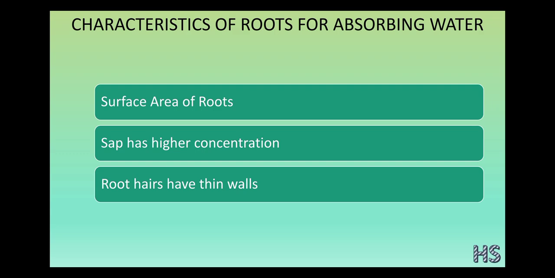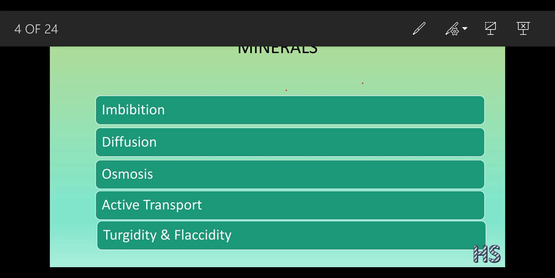In this slide we are going to discuss how the plant is going to absorb and conduct water and mineral salt. So these are the basic five processes through which we can understand how a root behaves: imbibition, diffusion, osmosis, active transport, turgidity and flaccidity.